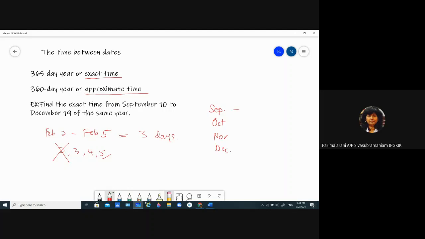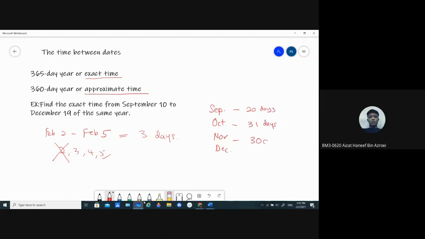From September 10th, September is how many days? 30. So how many days are there from September 10 to September 30? 20 days. October has 31 days.